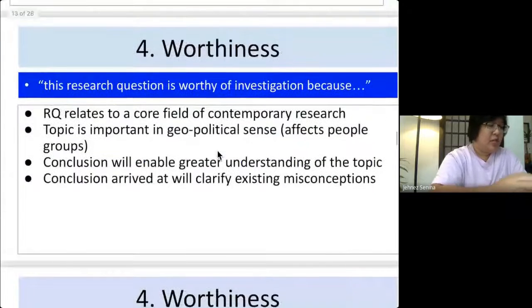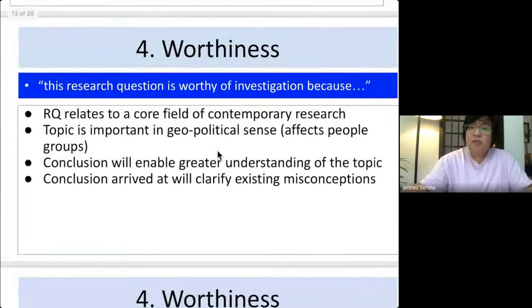More examples here. You're probably tuning out, but I want you to list down somewhere, if you have a notebook or digital notebook, okay, this is my worthiness, so far from how I explained the different things that you can write for your worthiness. Another possible thing you can write: similar to earlier, the research question relates to a core field of contemporary research, so this is currently being researched.